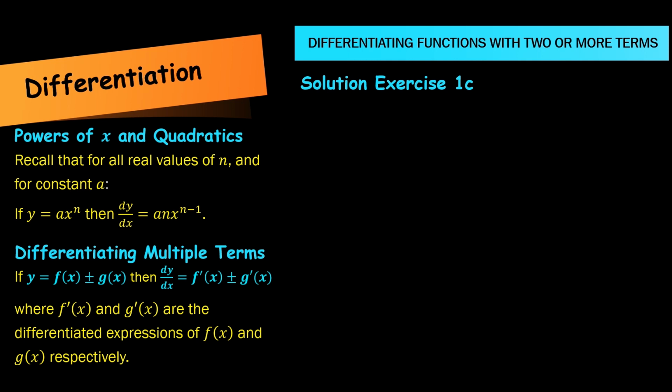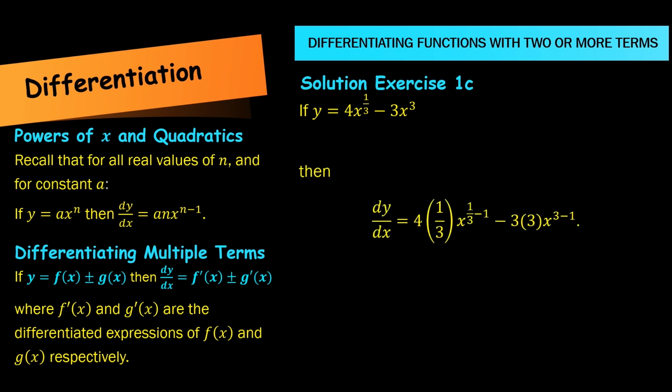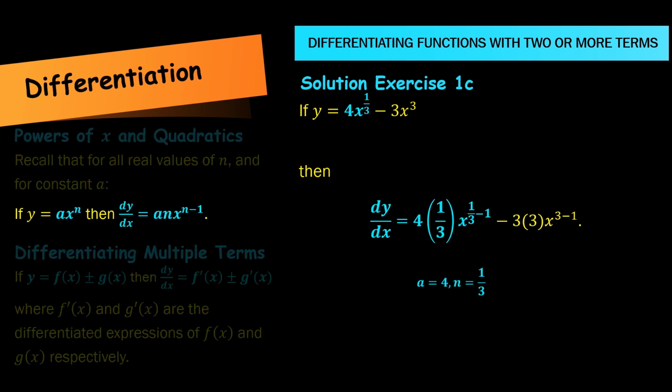Now let's solve example 1c. We are required to differentiate the expression on your screen. Now if y equals 4x to the power a third minus 3x cubed, we have this expression for dy dx. Again, let's break this down term by term. So for the first term, a equals 4 and n equals a third.